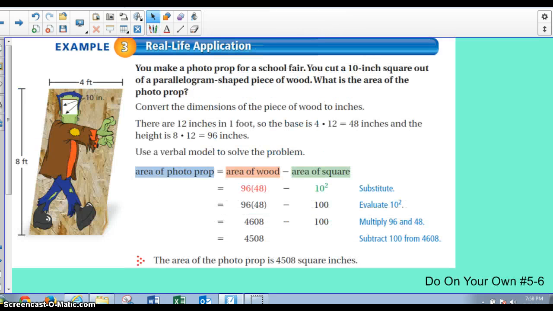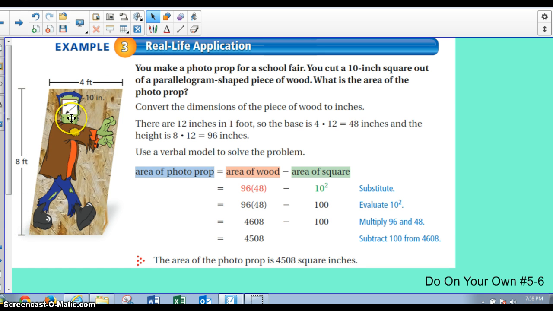Example 3, our real life application. You make a photo prop for a school fair. You cut a 10-inch square out of a parallelogram shaped piece of wood. What is the area of the photograph? Well, first thing you have to do is notice that this is a 10 by 10 inch square. Then this is measured in feet.